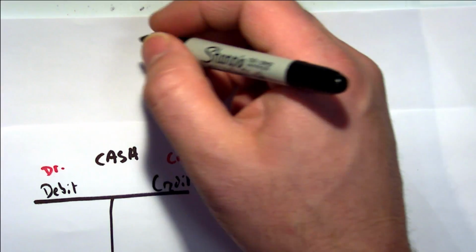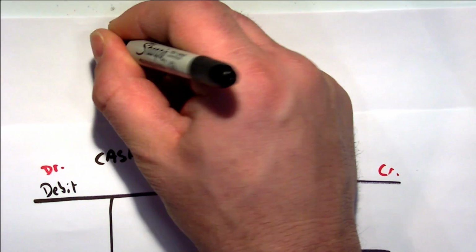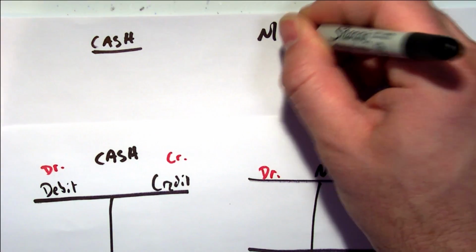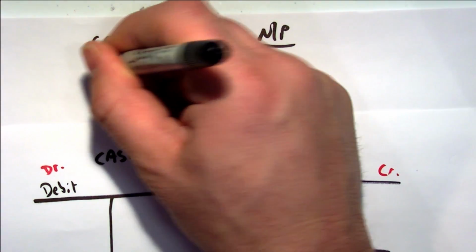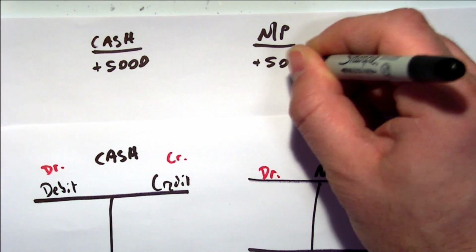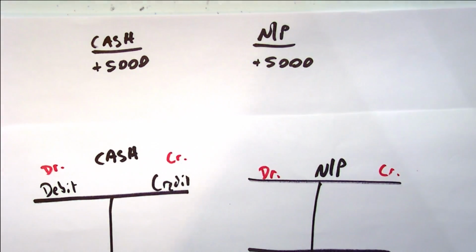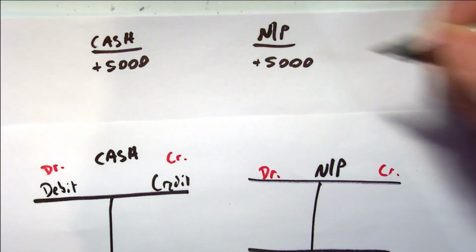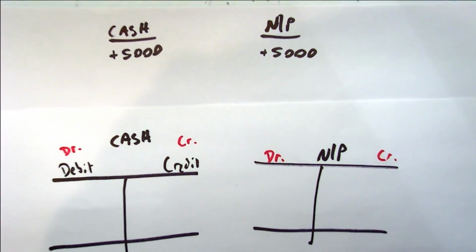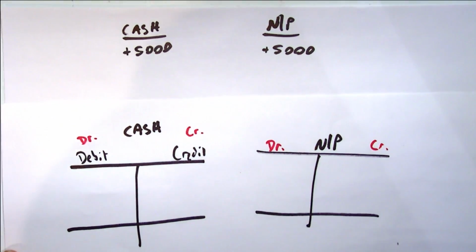So let's look at the chapter 1 way of doing things. Let's say that you got a loan from a bank for $5,000. Well, your cash would go up by $5,000 and your notes payable would go up by $5,000, correct? Well, how would you record that using T accounts?